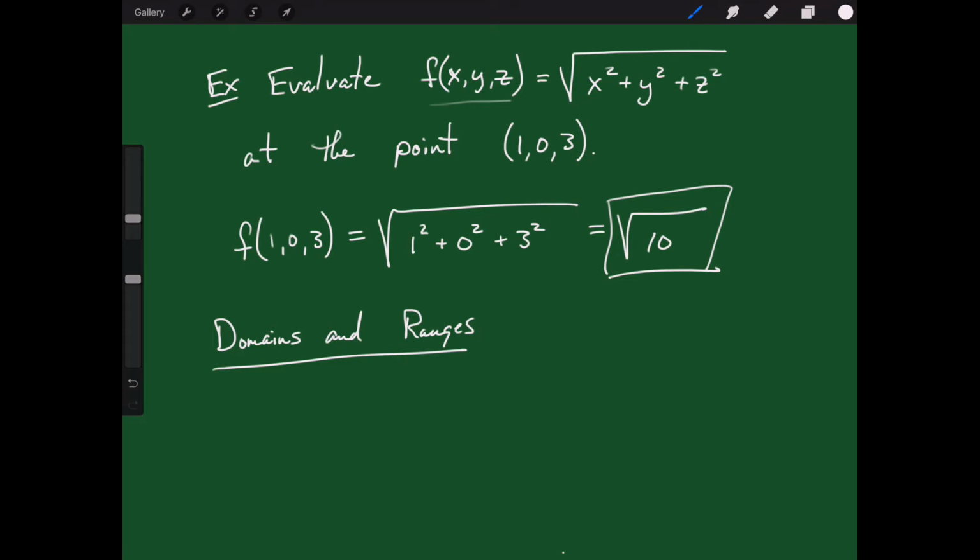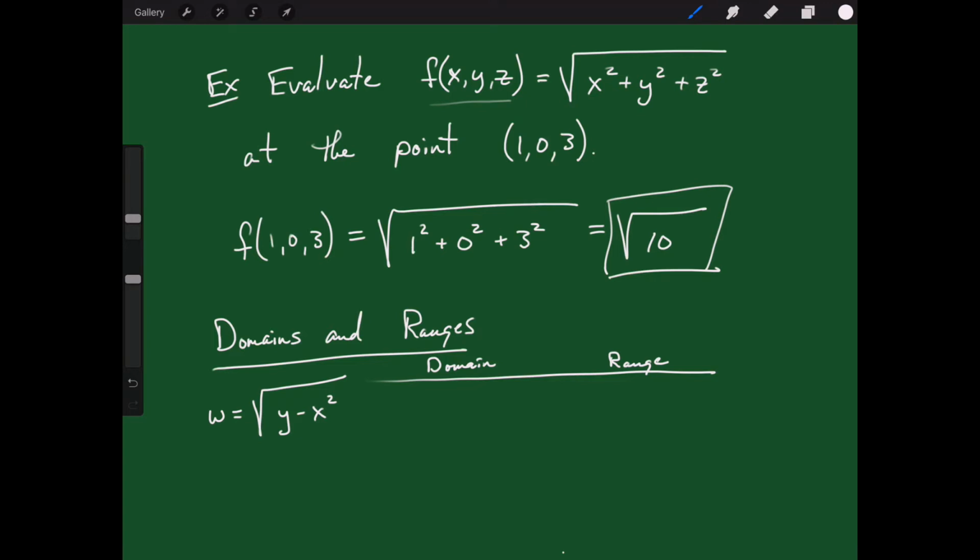So let's look at a real valued function. For now, I'll call it w, which is equal to the square root of y minus x squared. And I'd like to know, what is this guy's domain? And what is this guy's range?